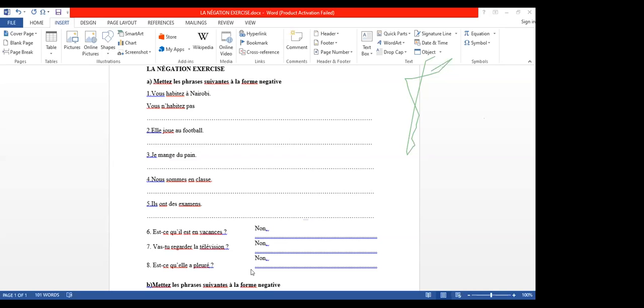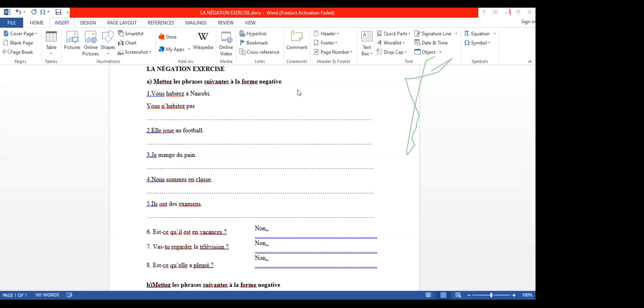Parsley Akim, tell us the answer. Monsieur, ils n'ont pas des examens. Yes, but now you remember on comes from the verb avoir for the third person plural.